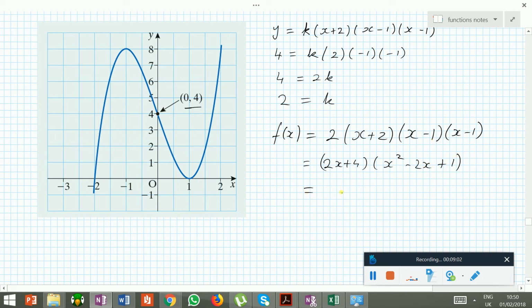And then you go 2x cubed minus 4x squared plus 2x plus 4x squared minus 8x plus 4. And just multiplying that through, you get 2x cubed. These are cancelling. Minus 6x plus 4.